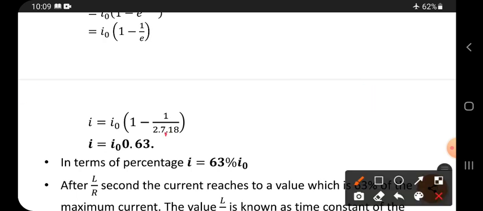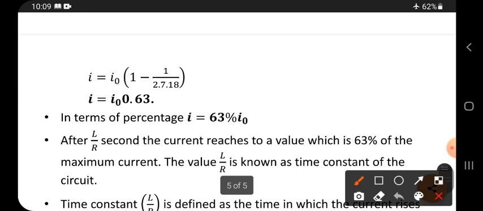It is not 2.7, it is 2.718 only, sorry for this. And if you simplify this bracket, then you get 0.63. Okay, so in terms of percentage, it can be written as I is equal to 63 percent of I naught.